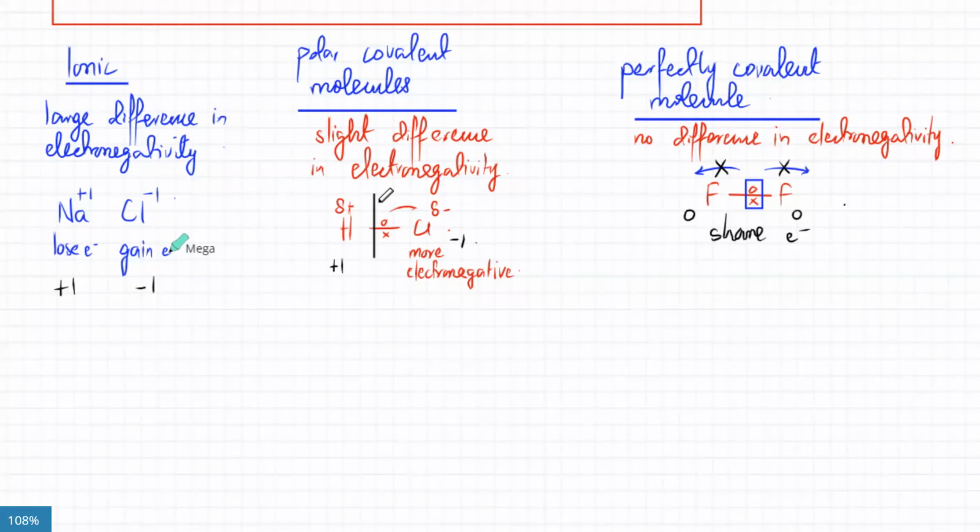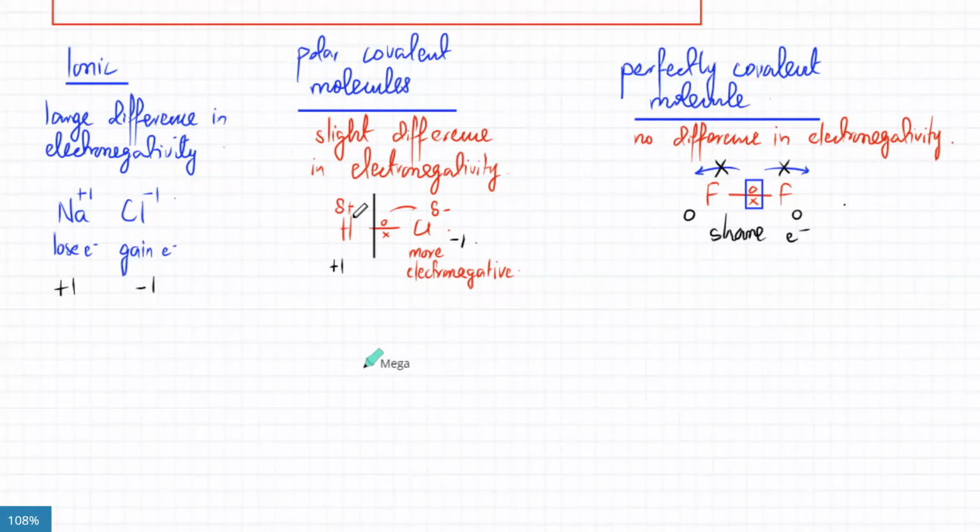We don't care whether it's slightly negative or slightly positive. I'm just going to give these electrons to Cl and call it -1. In this molecule, Cl is the one that's gaining electrons and H is the one that's losing electrons. So this is how you figure out oxidation states, which are based on electronegativity.